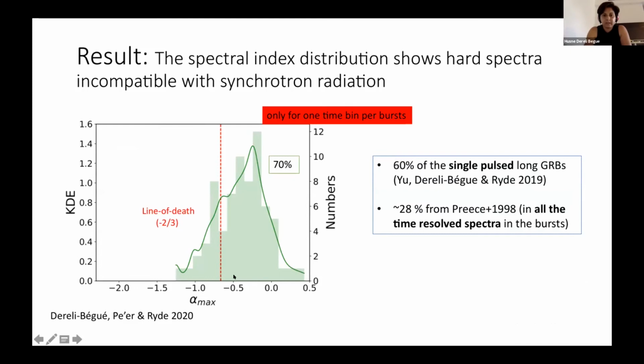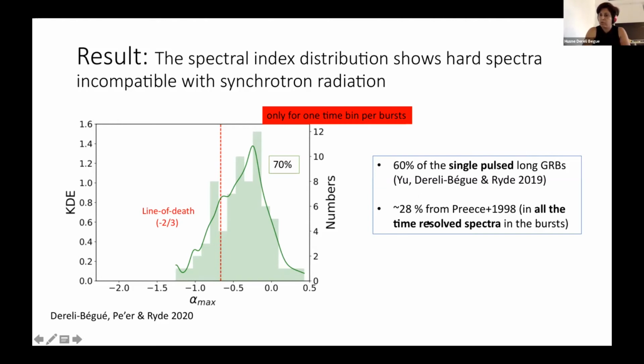And we saw that the majority of this hardest alpha obtained from each pulse is incompatible with the synchrotron line of death. And this is 70% of the sources. We compare this with the long GRBs, where the hardest alpha is also obtained from single pulsed long GRBs. This is 60%.